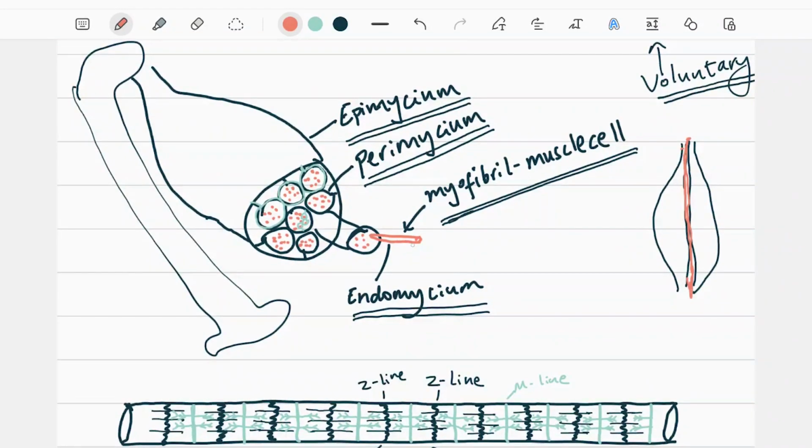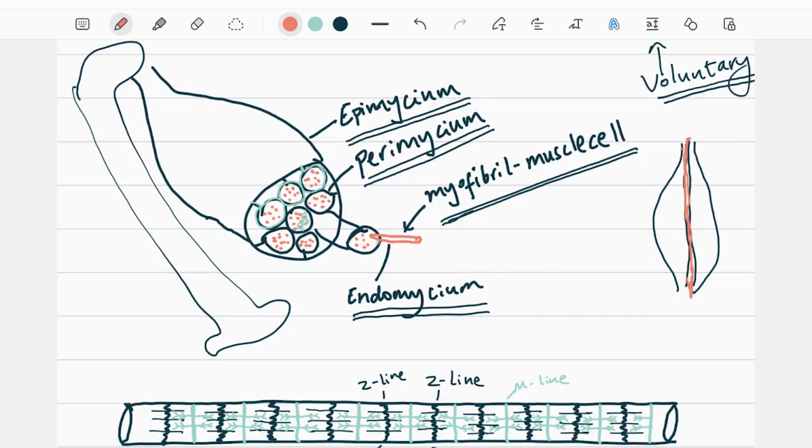Now, your myofibril is a long muscle fiber, and it is covered by the endomysium. This is a layer of connective tissue that surrounds and wraps each and every single muscle fiber or muscle cell.